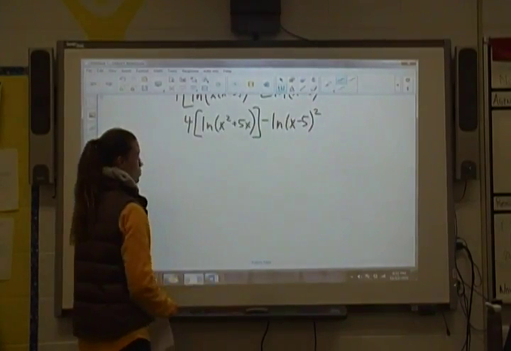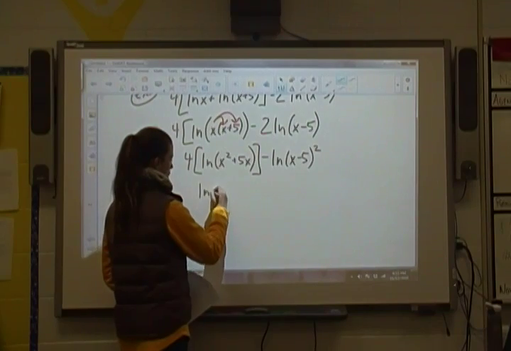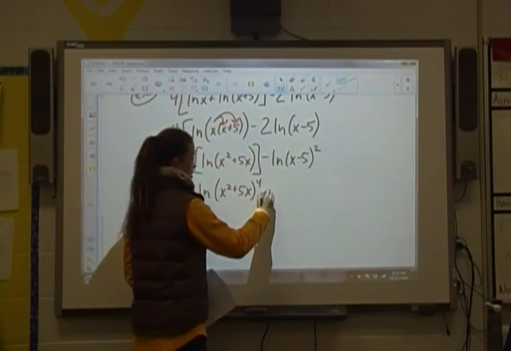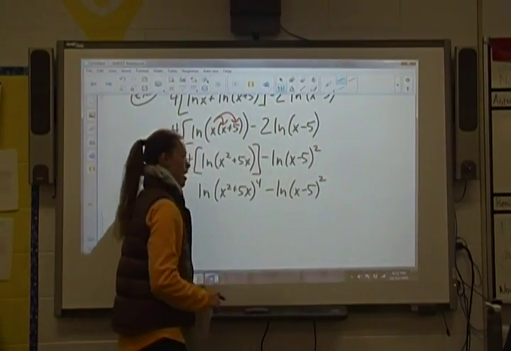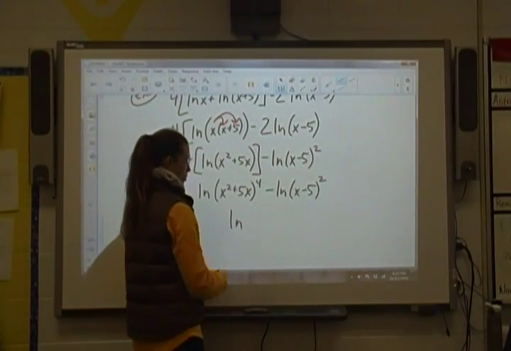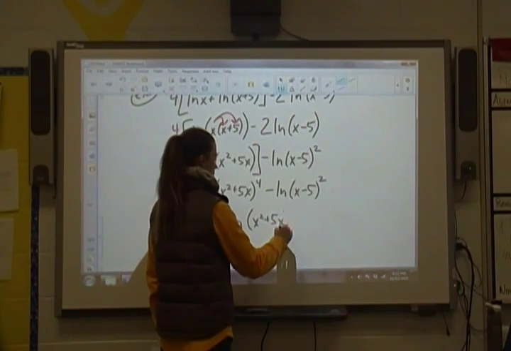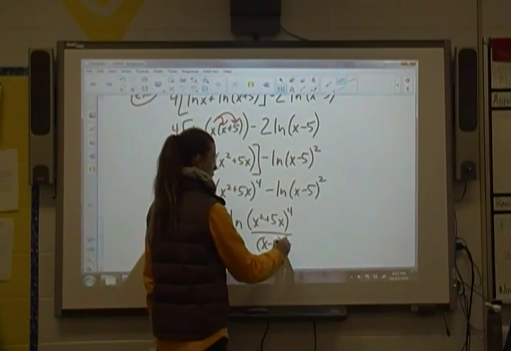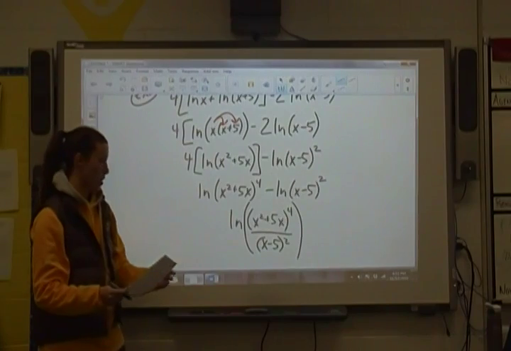Now I'm ready to give that 4 to what's left here, so natural log of (x squared plus 5x) to the 4th power minus natural log of (x minus 5) to the 2nd power. And the subtraction sign is going to let me move this into one natural log with (x squared plus 5x) to the 4th power over (x minus 5) squared. And that is the entire natural log problem.